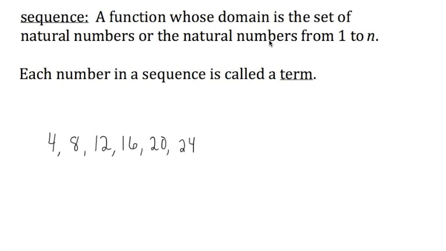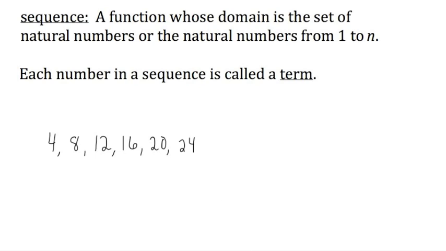Now remember that the set of numbers that we get for the inputs is the domain. Alright, so the domain of a sequence is the set of natural numbers, which means counting numbers like 1, 2, 3, 4, etc. Or we could have a set of natural numbers from 1 to any other natural number.